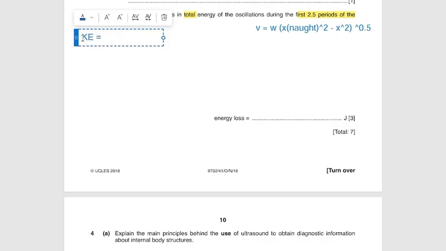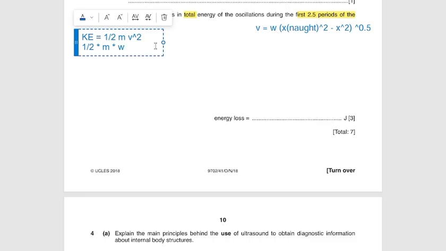We know kinetic energy is 1 by 2 m v square. Now I know what V is, so I'll say 1 by 2 into m into V square, which I'll say omega square, I'll just square all of this.